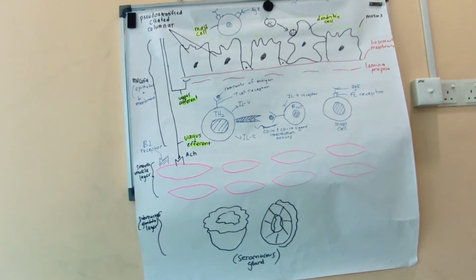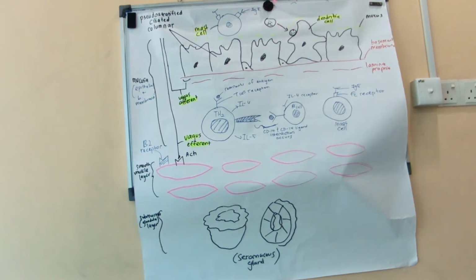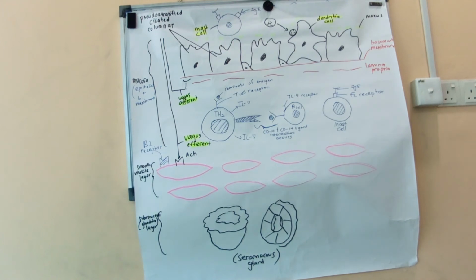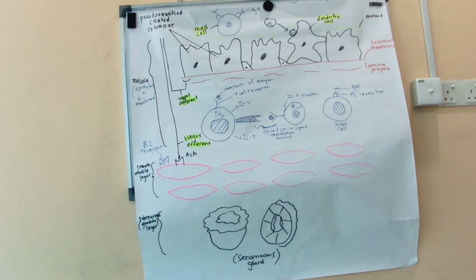Let me rephrase this once again. What happens here is the IgE is now being cross-linked by the pollen.